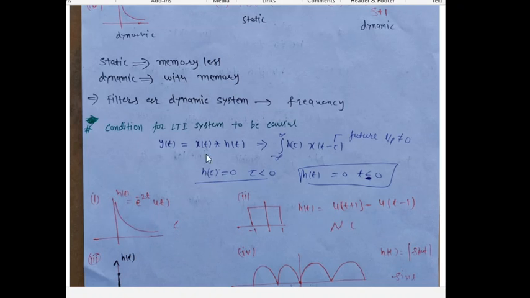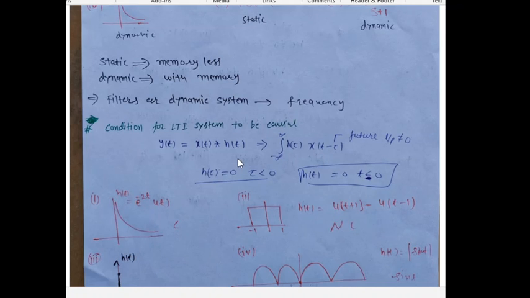When s(τ) is 0 for all τ less than 0. So s(t) equals 0 when t is less than 0. अगर t का वैल्यू 0 से छोटा होगा तो s(t) का वैल्यू क्या होना चाहिए? 0.